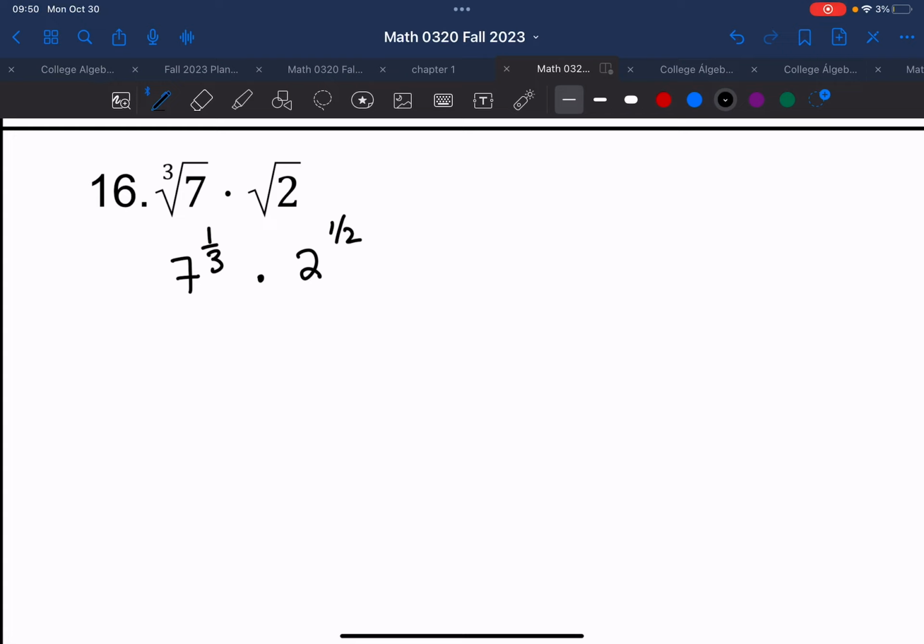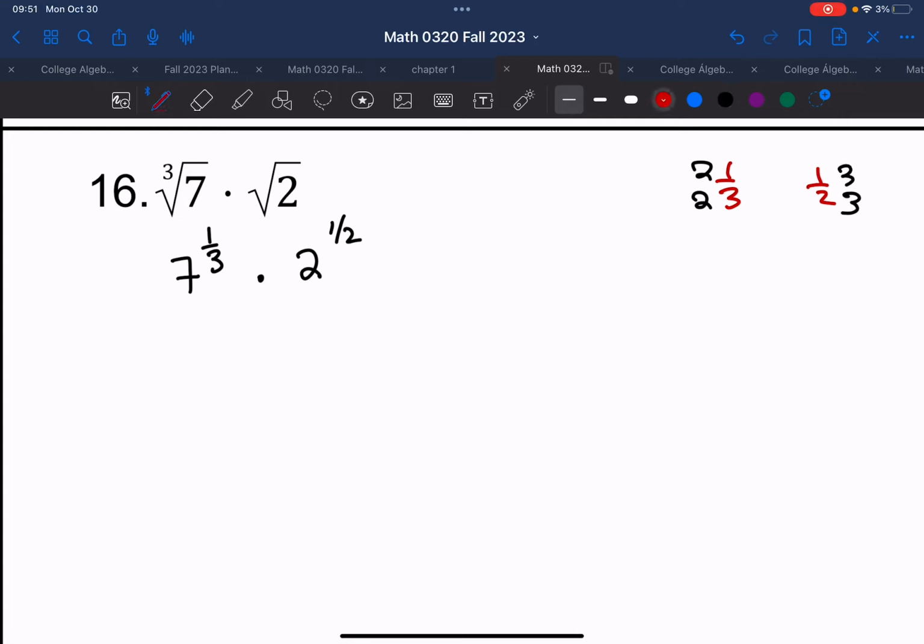But I still need to be able to get the same index. So I still am going to have to find that common denominator. So off to the side, I have 1/3 and 1/2. What's the common denominator between both of them? 6. So what am I multiplying the first one by? And then what am I multiplying the second one by?